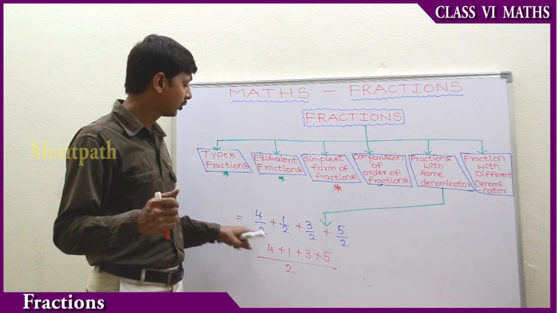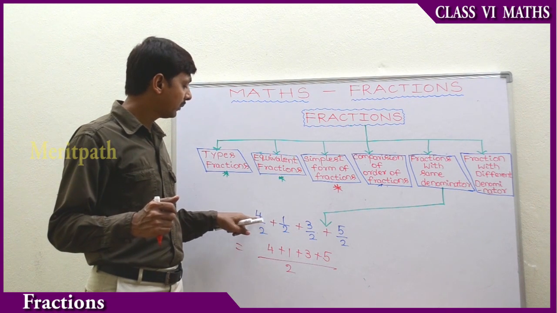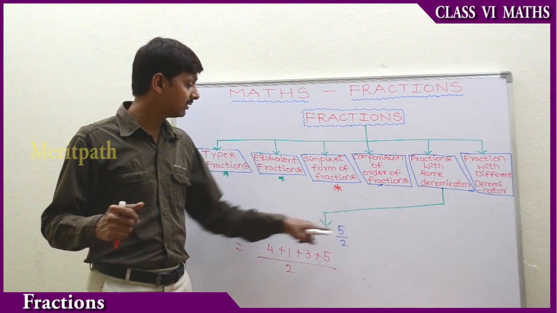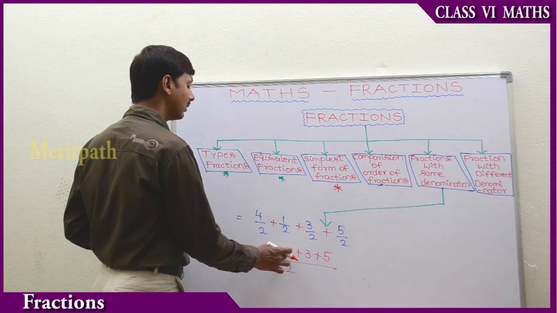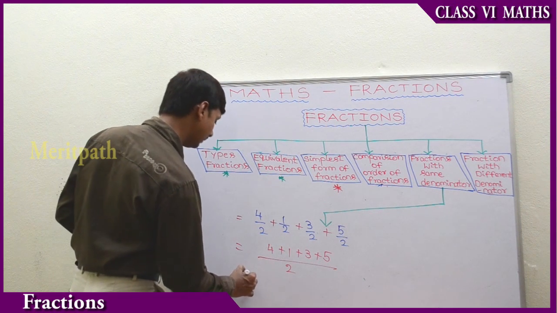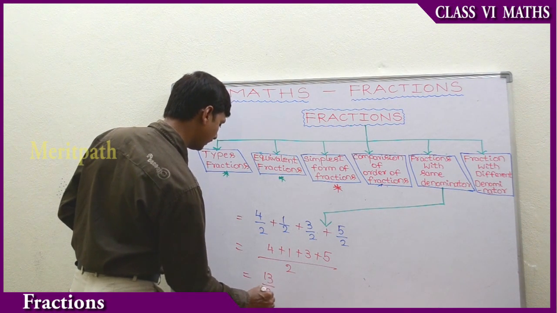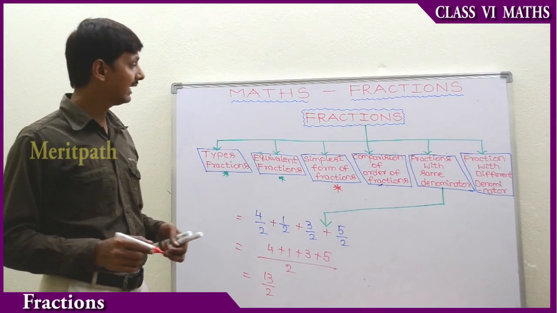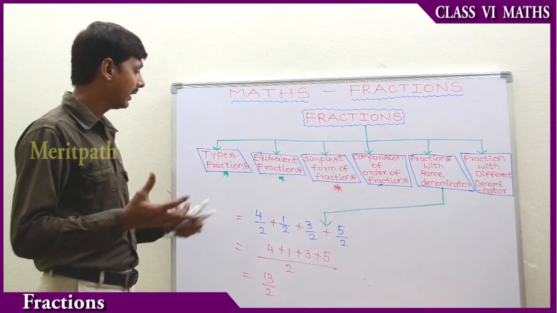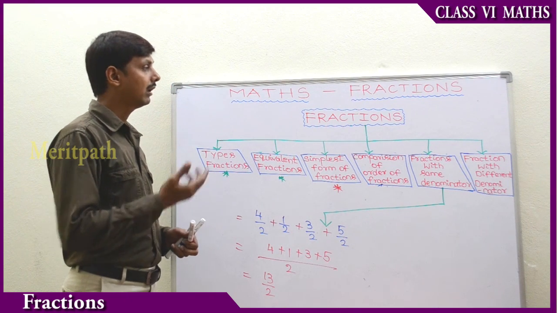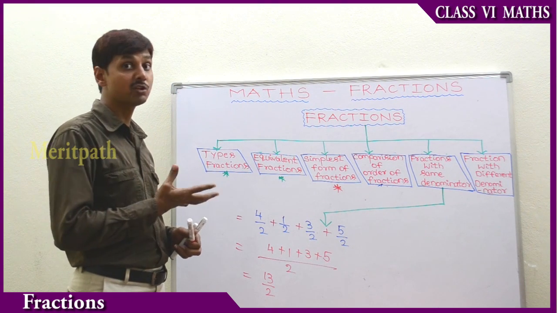So the numerators are 4 plus 1 plus 3 plus 5. 5 plus 3 is 8, 9, 9 plus 4 is 13. So 13 by 2. In this manner, we take the fractions which have the same denominators and add them up.